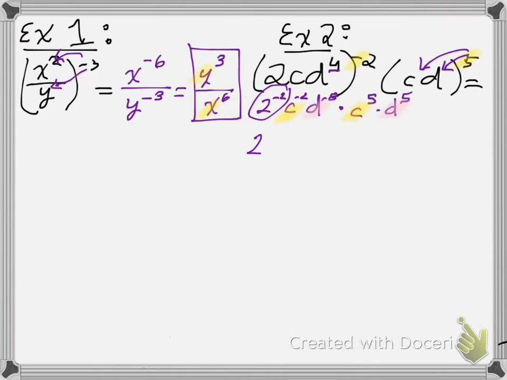I'm just going to bring that down. I'm not going to deal with that quite yet. So then c to the negative 2, c to the 5. So I have to do negative 2 plus 5, which would be positive 3. So I get c to the positive 3. And for my d's, I have a d to the negative 8 plus 5. So that would be a d to the negative 3 power.